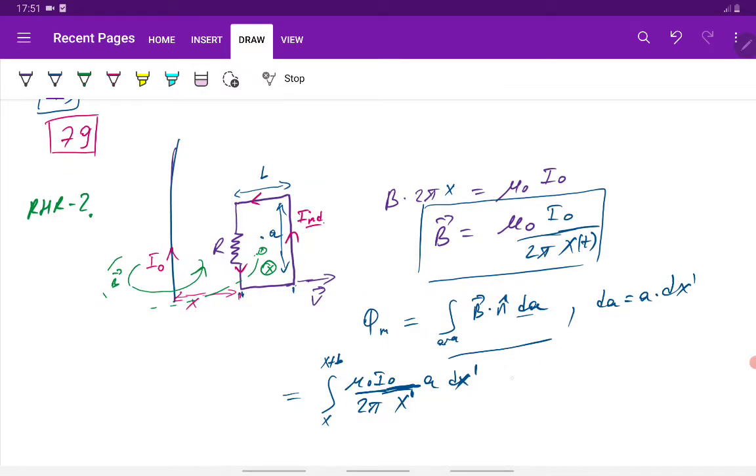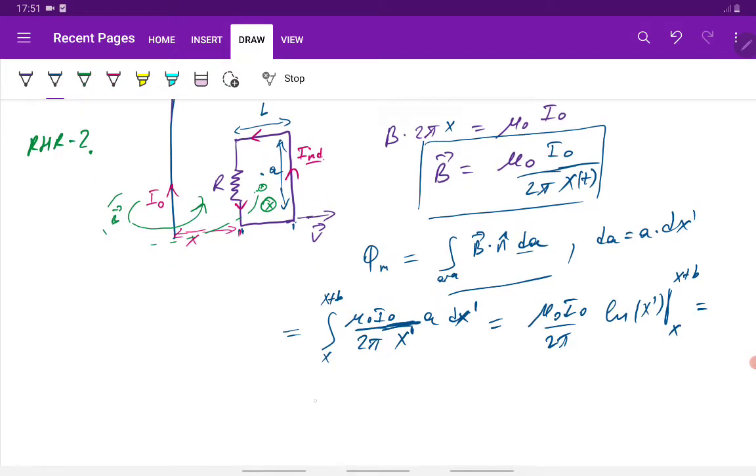In that case we have mu 0 I0 over 2 pi times ln x prime, with the integration from x till x plus b, which equals mu 0 I0 over 2 pi times ln(x plus b) minus ln x.